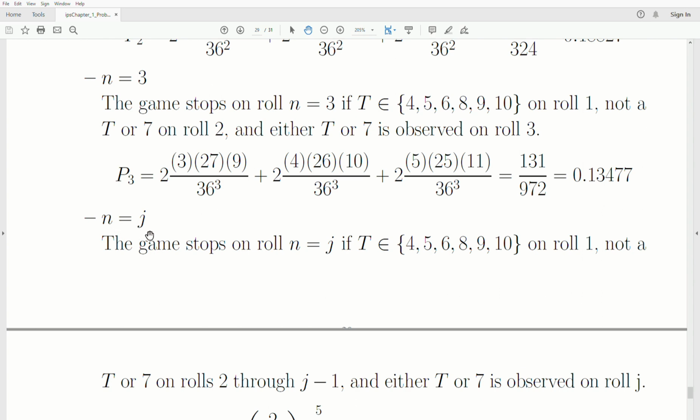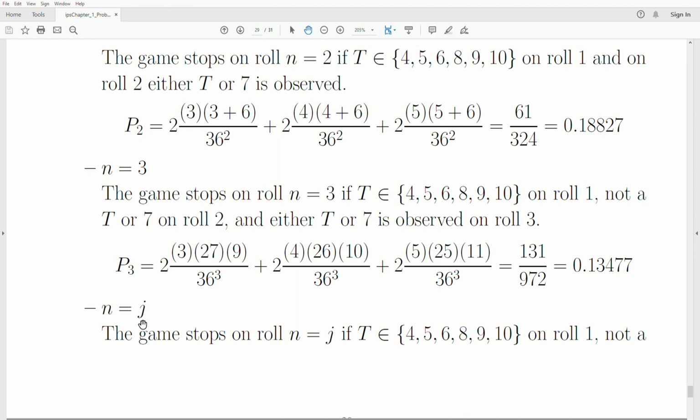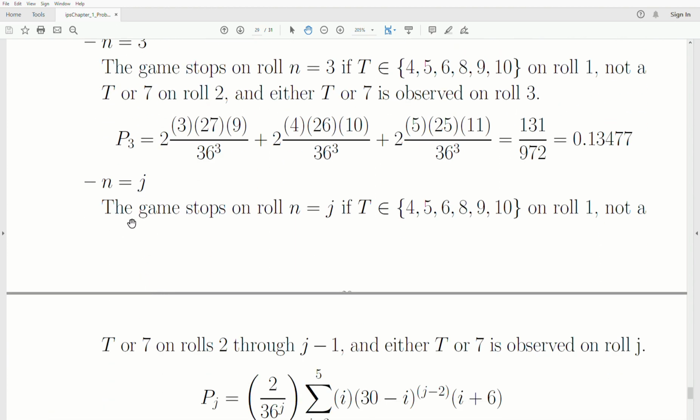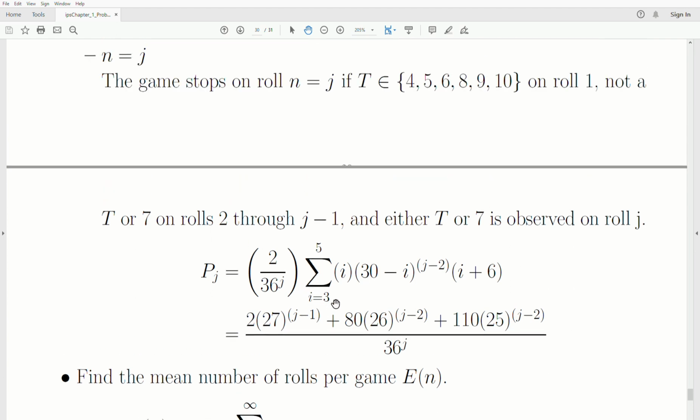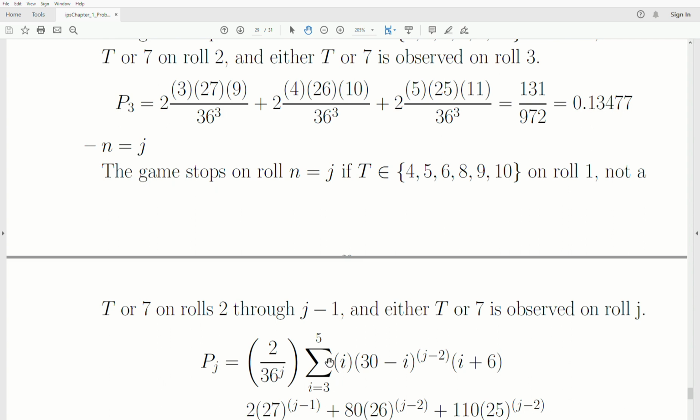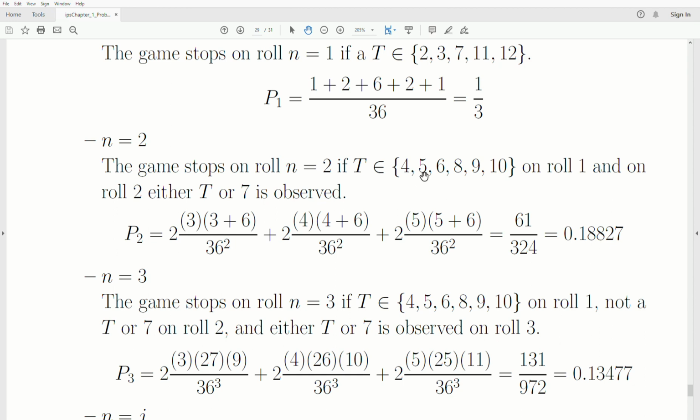So on roll J, and J can be 3, 4, or 5, anything above 2, the game stops on roll J if the point is one of these on roll 1, meaning we didn't win instantly, not the point or 7 on rolls 2 through J minus 1, and either the point or 7 on roll J. So what that means is that we're summing it for 4, 5, and 6, which is the same as 8, 9, and 10.